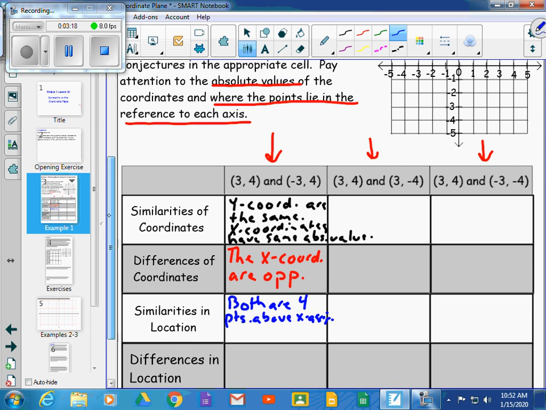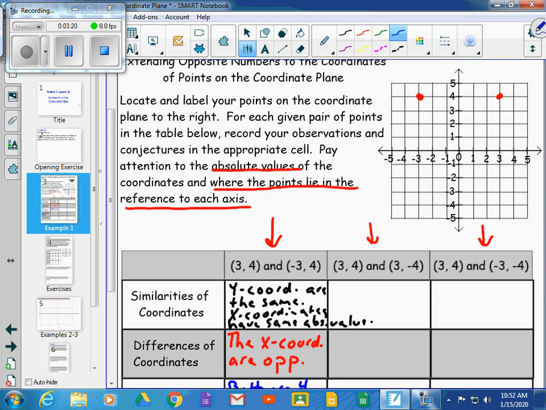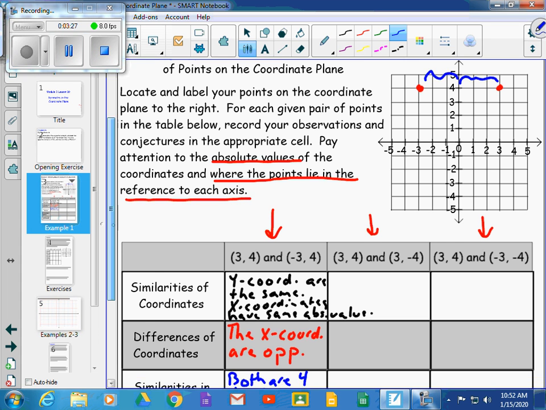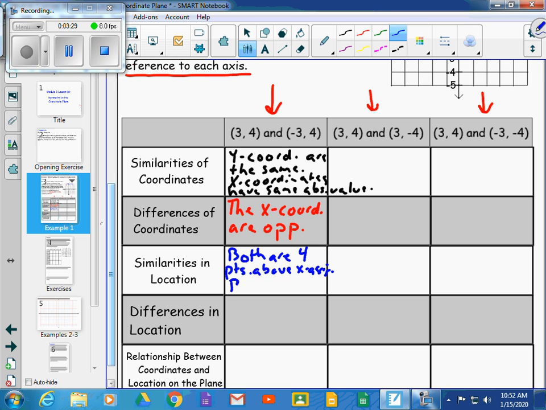There's also a similarity between their locations and the y-axis. Notice they're the same distance from the y-axis here. Okay, so they're both 3 spaces from the y-axis.